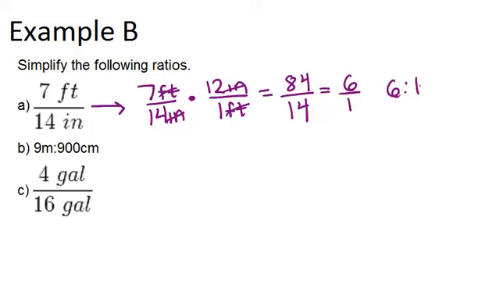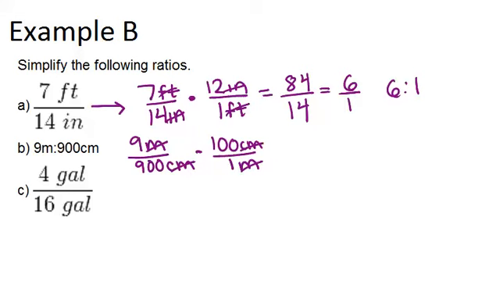For part B, we're talking about 9 meters to 900 centimeters. I'm going to start by rewriting it as a fraction because I think it's easier there to see what we're canceling out. And then I'm going to do my conversion, that there are 100 centimeters in every 1 meter. That cancels out all my units.